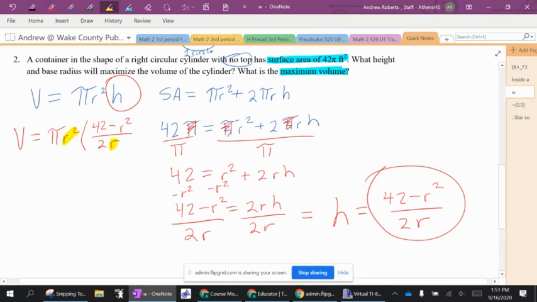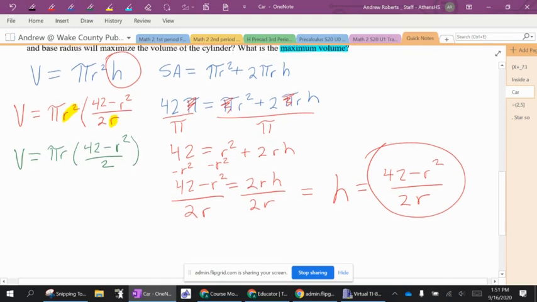Now, I have an r on top, outside. I have an r on the bottom. Those are going to reduce. So I'm going to have volume equals pi r times 42 minus r squared over 2. And then I can distribute that pi r across.